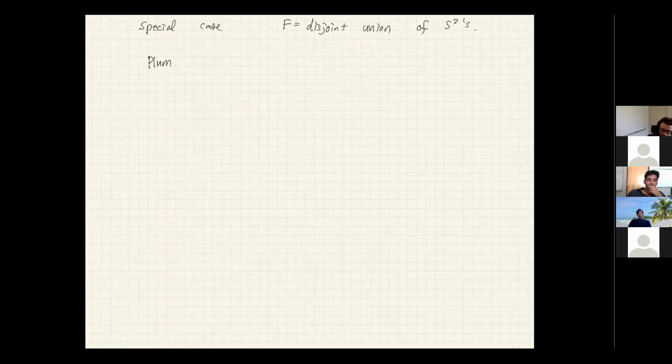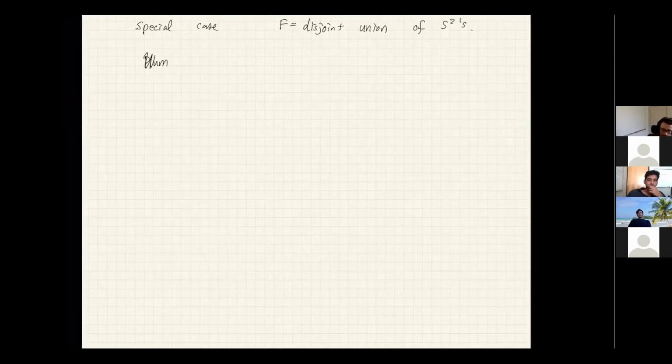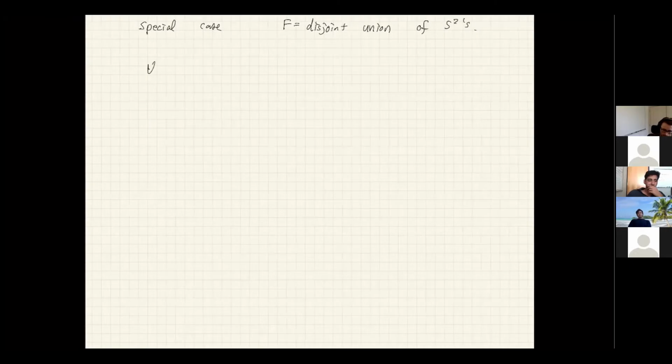In this case, we can encode a plumbing by a weighted graph. And I'm going to restrict to the case where the graph is a tree.